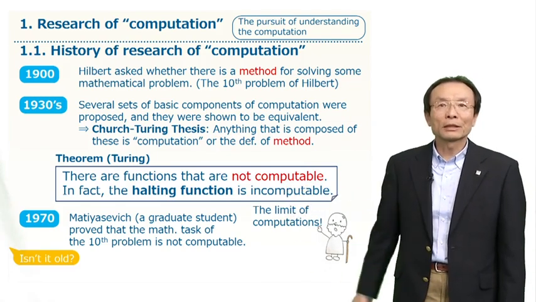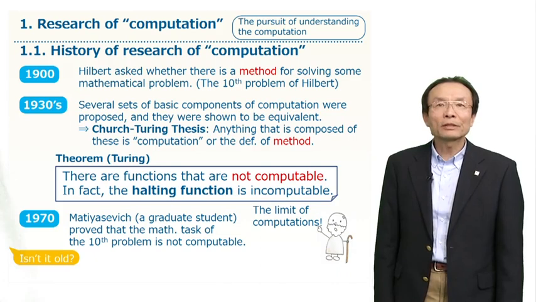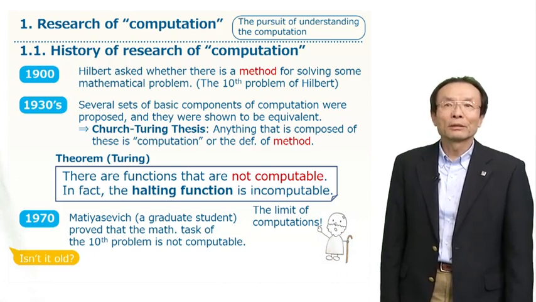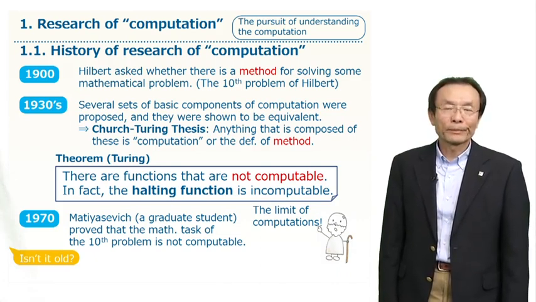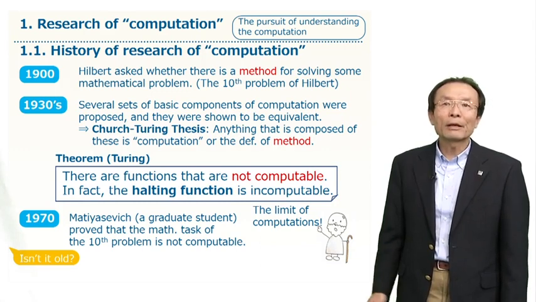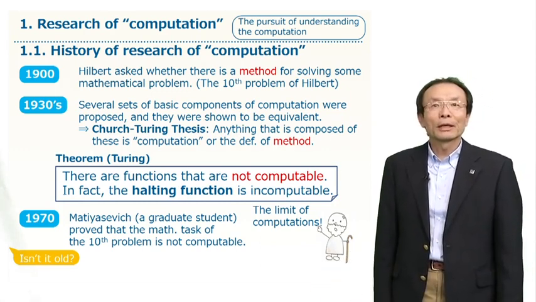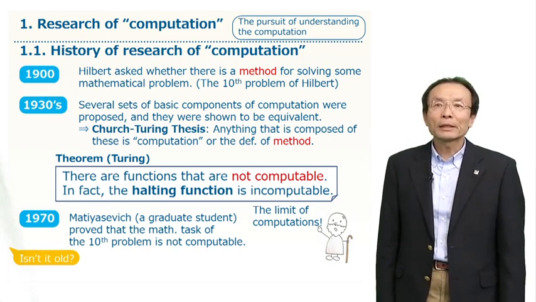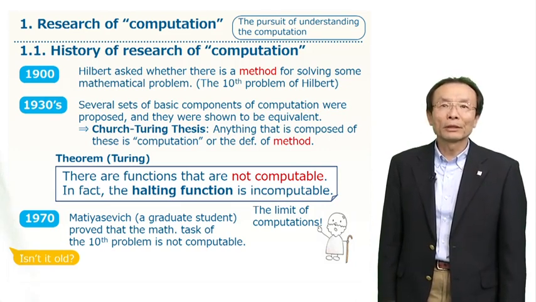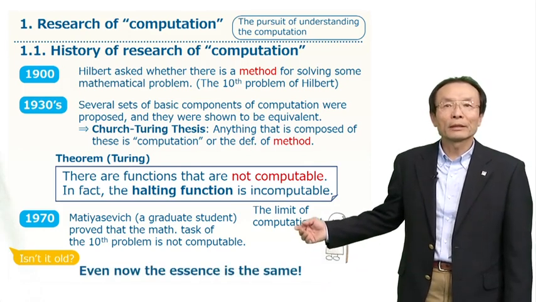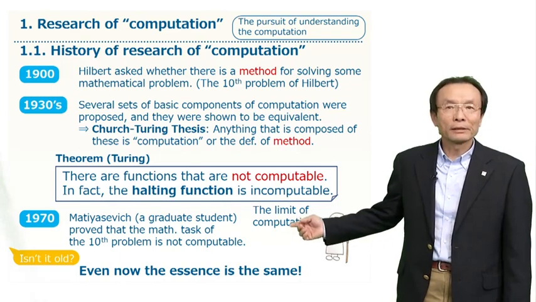Through such studies, researchers gave many strong pieces of evidence supporting the Church-Turing thesis. Furthermore, whenever a new computation model, such as quantum computing and so on, appears, it has been checked that the new model does not change the notion of computation. Therefore, we can still claim that even now the essence is the same.